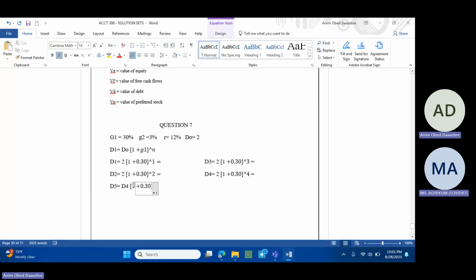So the D2, I skipped the one, so I'll give you the two list. The D1 is 2.6. Yes.